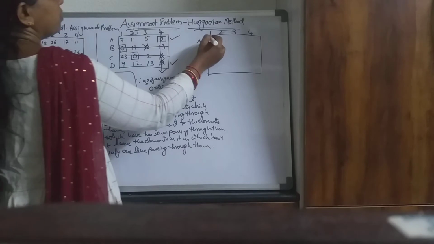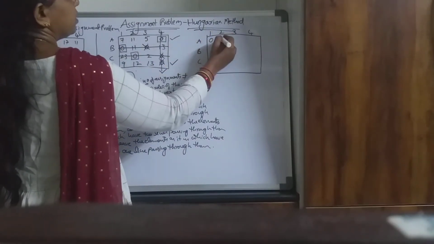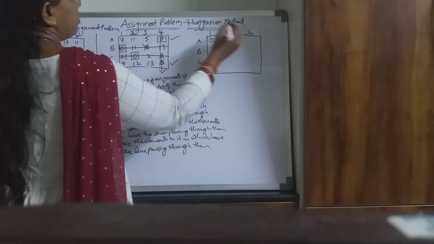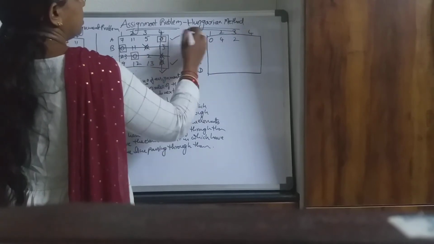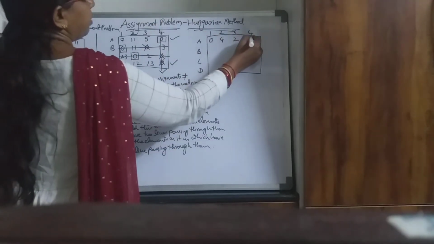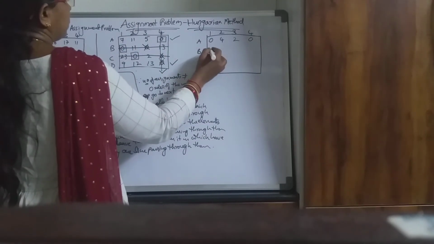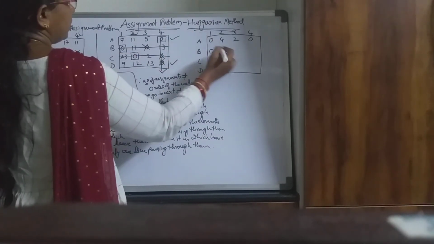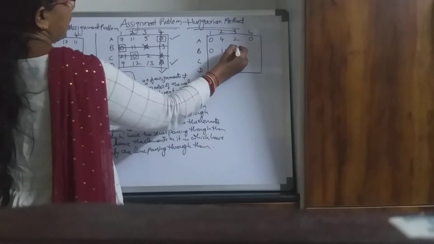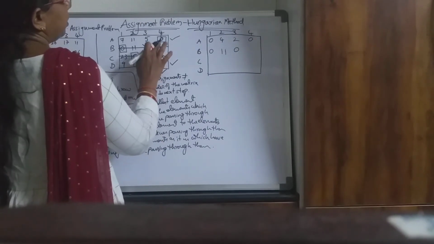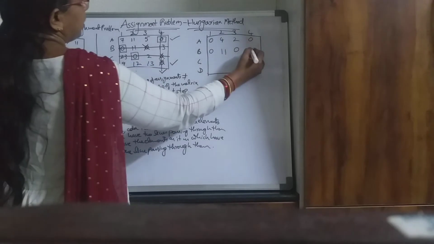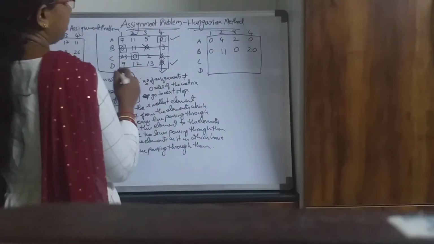So 7 minus 7, 0. 11 minus 7, 4. 7 minus 5, you will have 2. Here 0 has only 1 line, so I am writing 0 as it is. Second row, 0 only 1 line, so as it is. 11 is having only 1 line, so as it is. This 0 is also having only 1 line, as it is. 13 is having 2 lines, so 13 plus 7 will be 20.